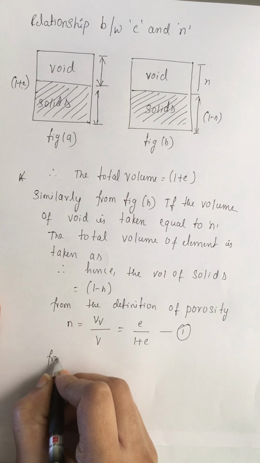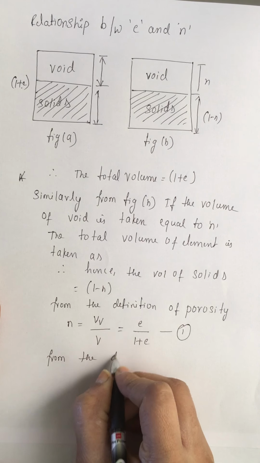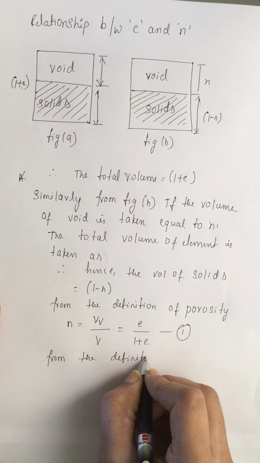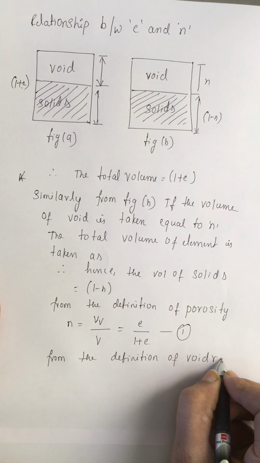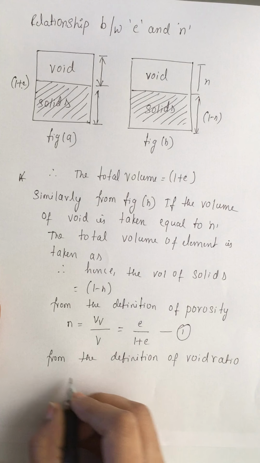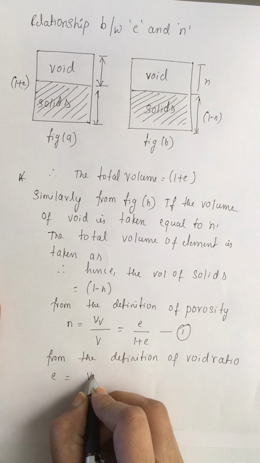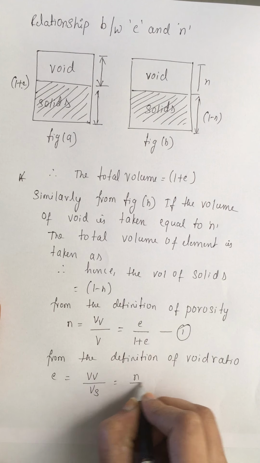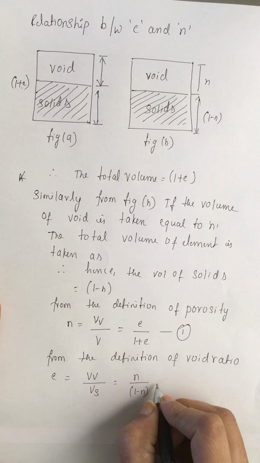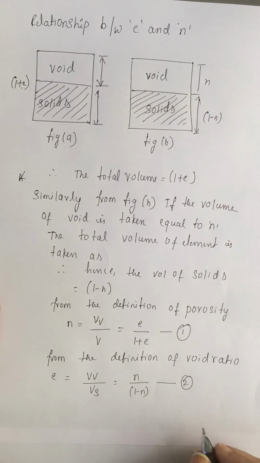From the definition of void ratio, we can write e is equal to volume of voids divided by volume of solids, that is n divided by 1 minus n, by considering figure 2. It is called equation 2.